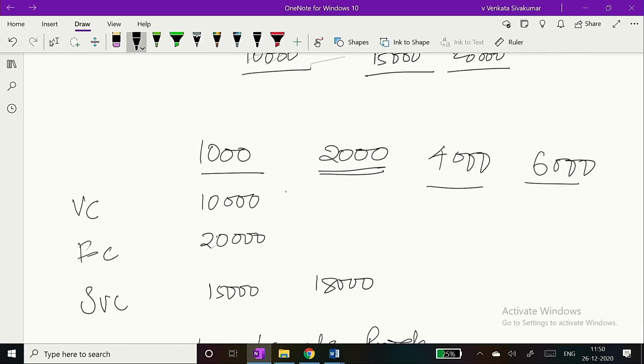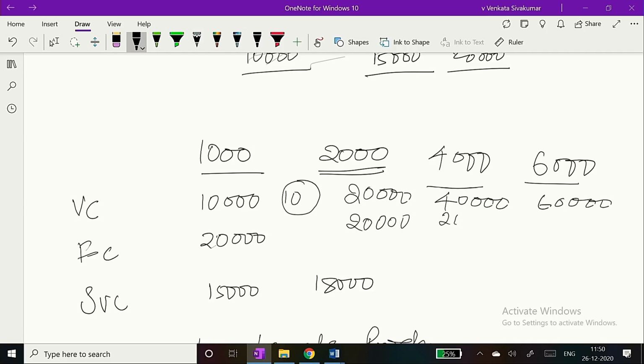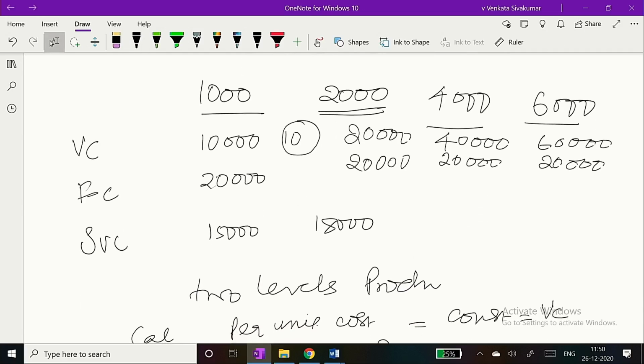Now, variable cost itself, that means per unit cost will be same. That is 20,000, 40,000, 60,000 over. Fixed cost, they said that means same at all levels. This is useful for you in budgets, flexible budgets, standard costing, marginal costing, everything it comes.